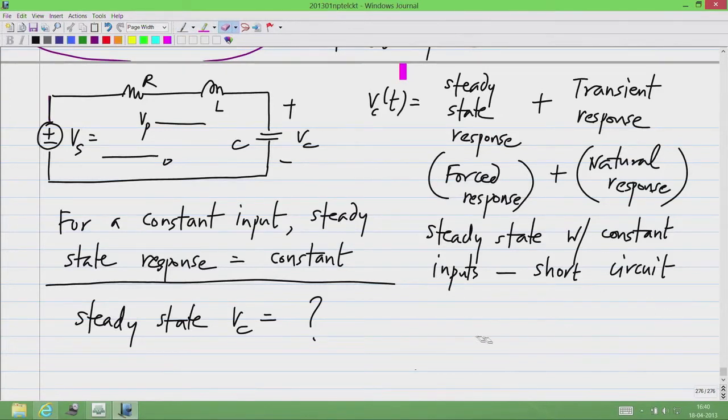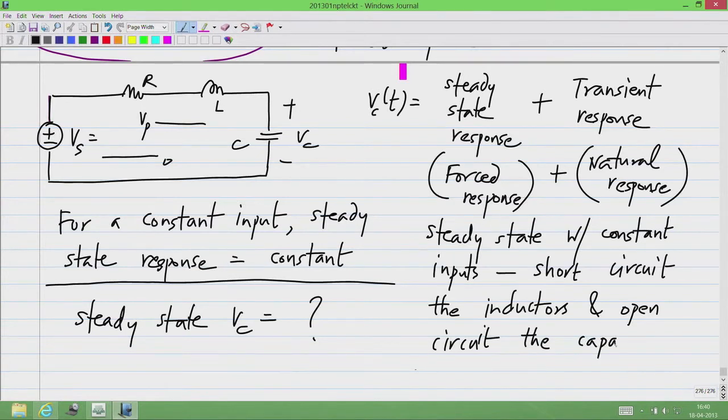You short circuit the inductors and open circuit the capacitors. Okay.